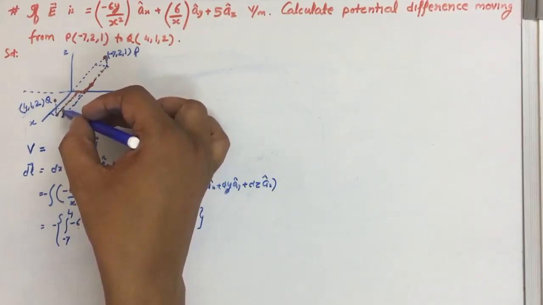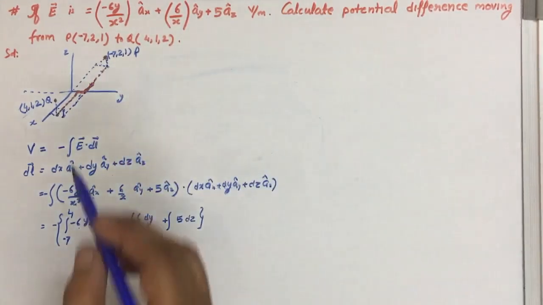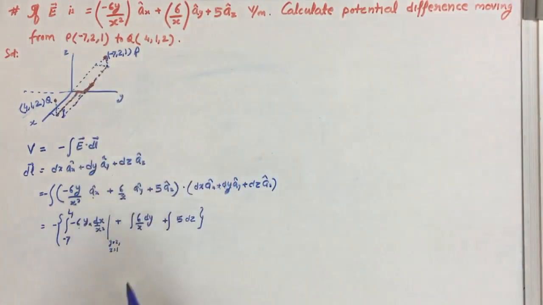This will be the point (4, 2, 1). We are just changing the x position and the rest remains the same. So this will be the proper way.